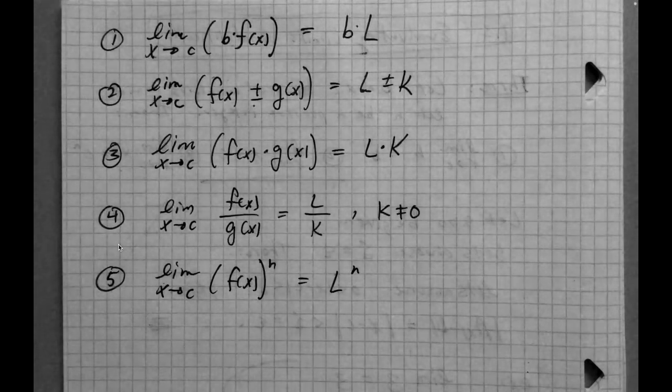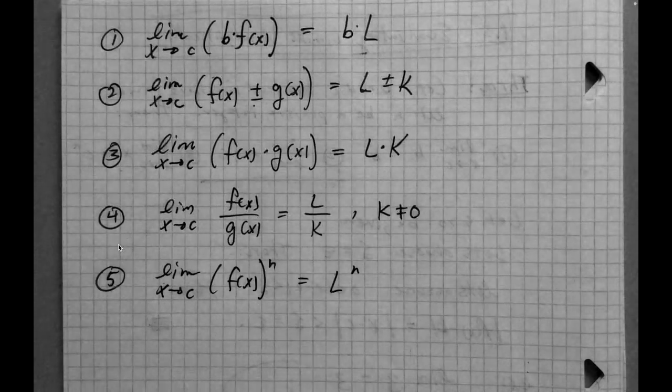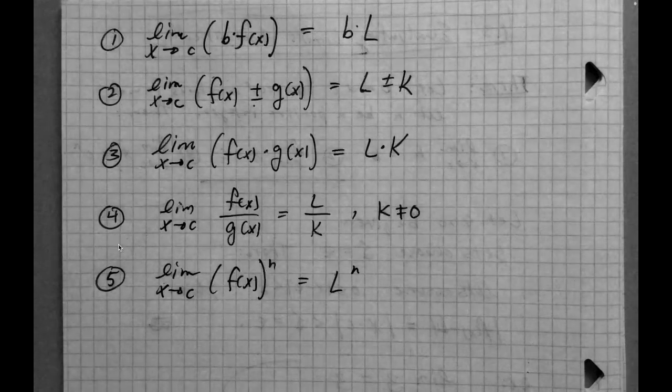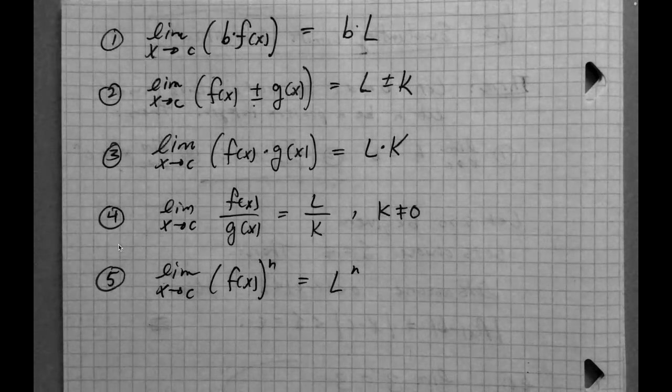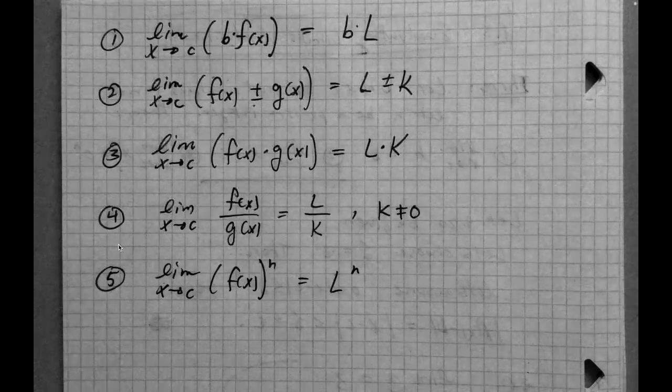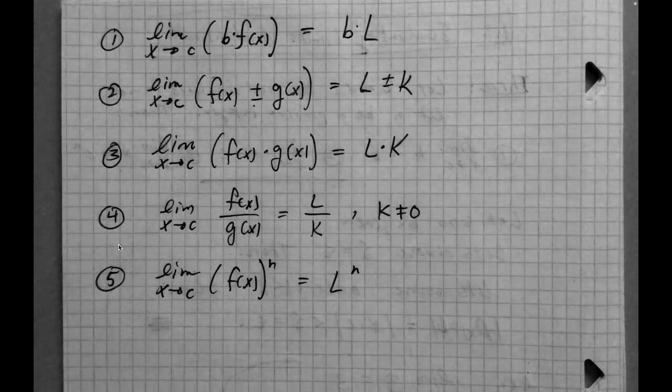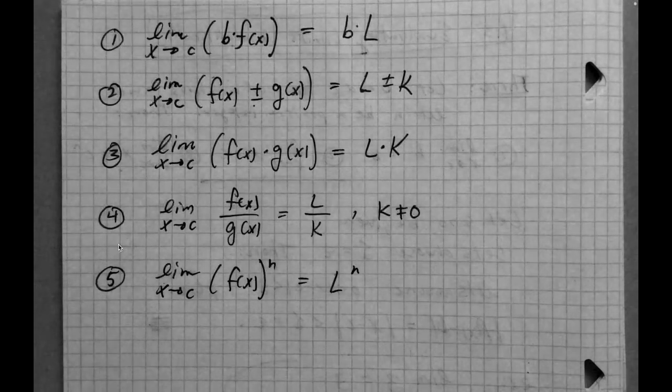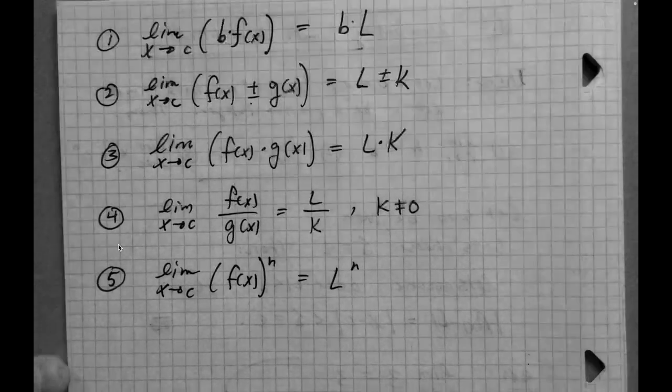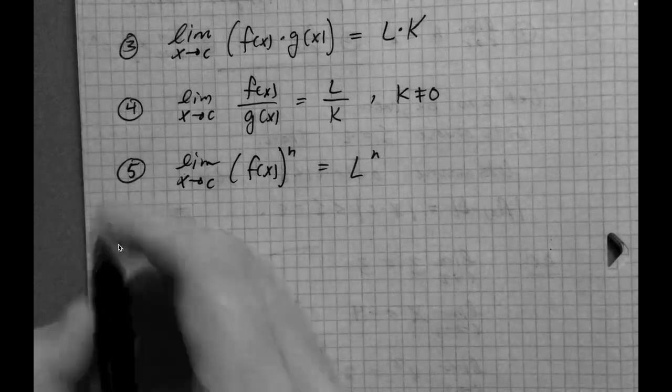So what we're going to do next is take this theorem and do a bunch of examples. Actually, maybe we'll just do a couple of examples to start with, and get into more examples in the second video. So let's do an example here.